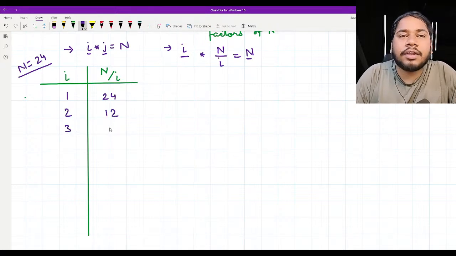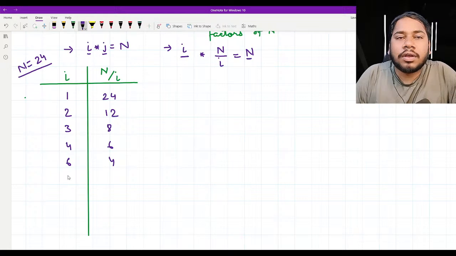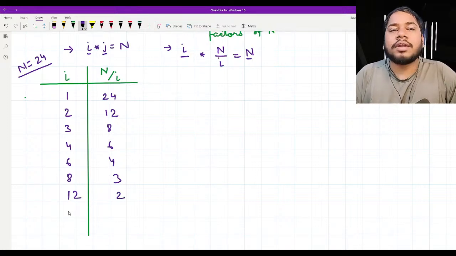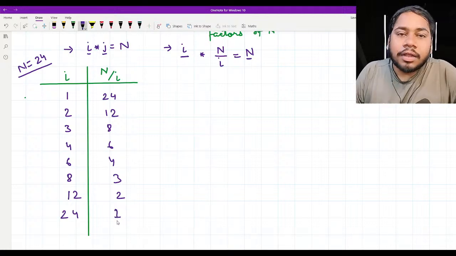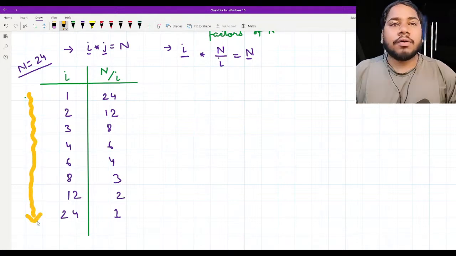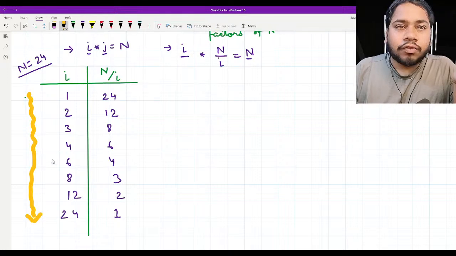If 3 is a factor, then 8 is a factor. 4, 6, 6, 4. After that, 8, 3. After that, 12, 2. After that, 24, 1. So these are what we get when we iterate I from 1 to 24.